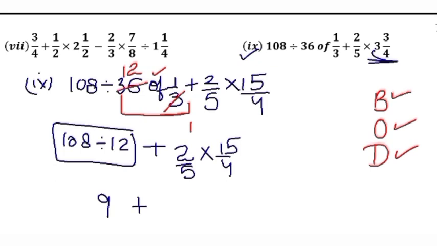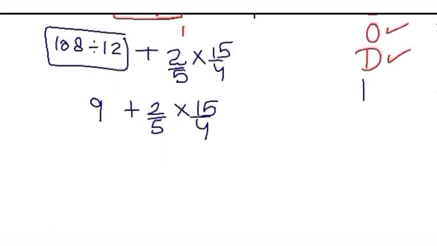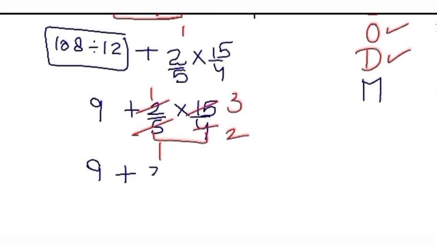Plus 2 upon 5 multiply 15 upon 4. After division, we solve multiplication in BODMAS. So solve this part. 5 1s are 5, 5 3s are 15, 2 1s are 2, 2 2s are 4. So you are getting 9 plus 3 upon 2. The denominators are different. You can put 1 here.